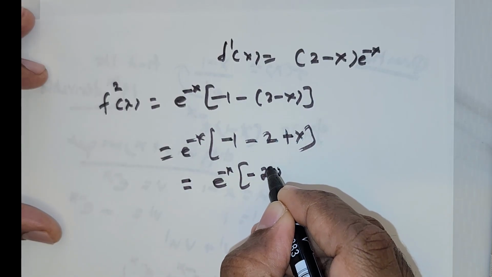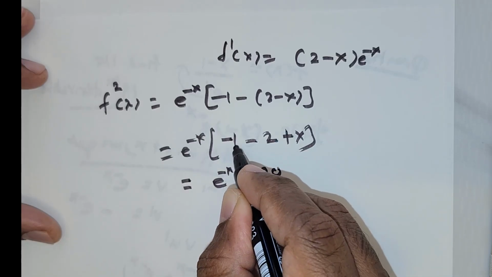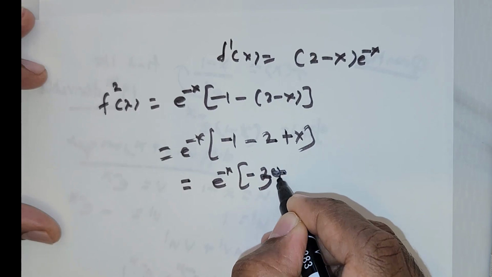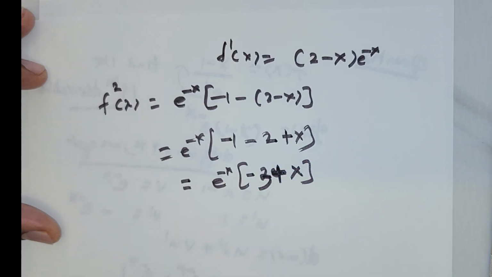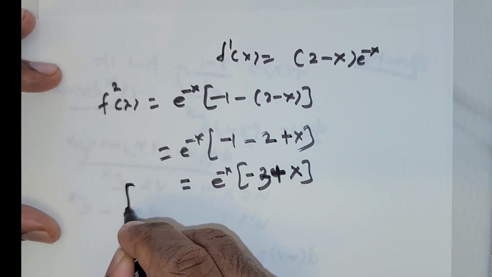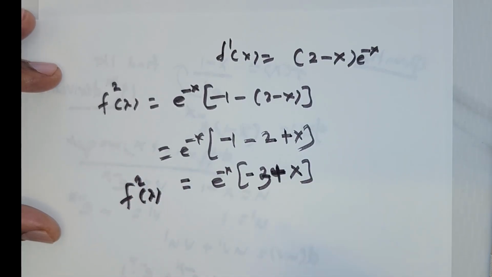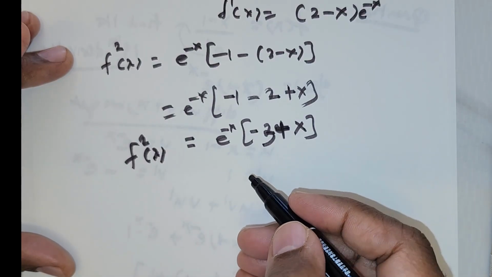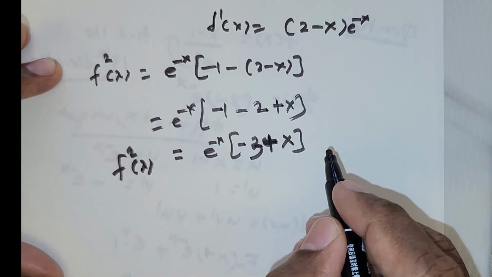Negative 1 added with negative 2 is negative 3, followed by positive x. This is what I get. I can just write this as f2 of x. Okay, now let me go forth with one more derivative.